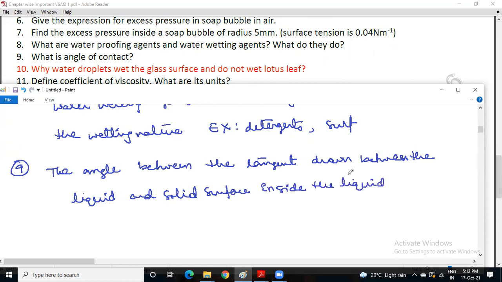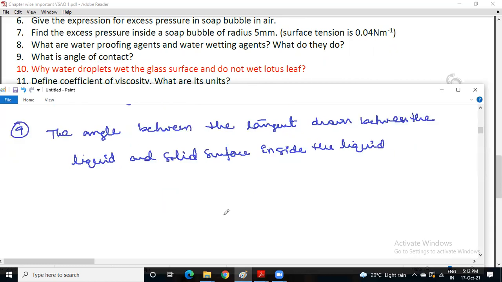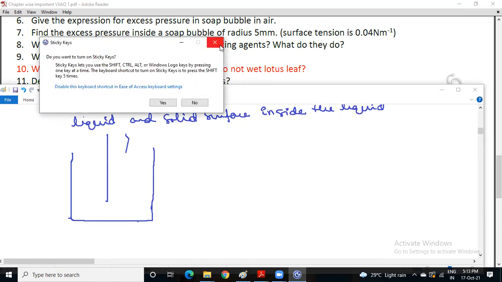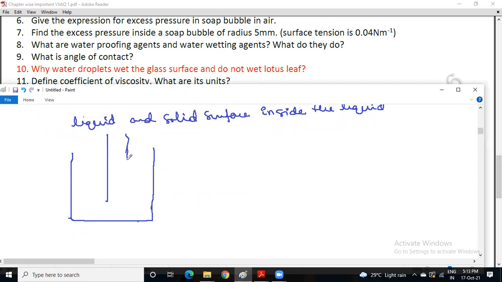How to understand this? Let me take a jar. In this, water is filled. Now let us take even a capillary tube. The capillary tube will be having a small nozzle like this.